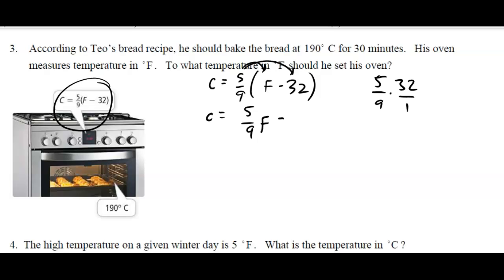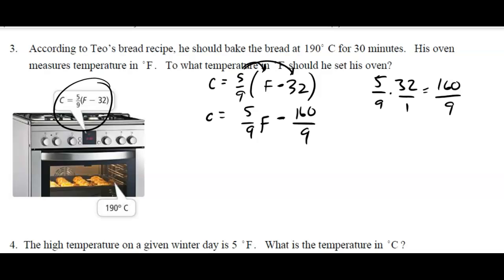That's the multiplication we got to do there when I do 5/9 times 32. So 5 times 32 is 160. 9 times 1 is 9. And it's a subtraction problem because I have negative there. So now I'm doing 5/9 F minus what we got, 160 over 9. Right? I'm still trying to solve for F.